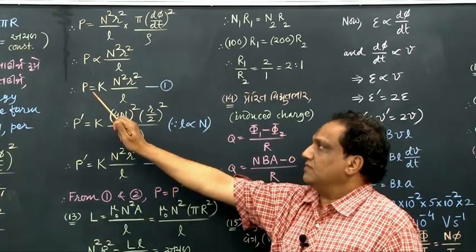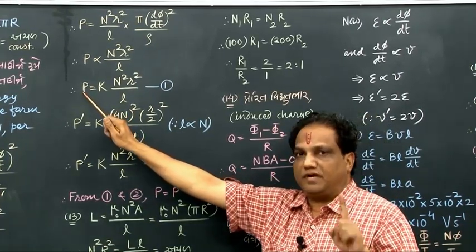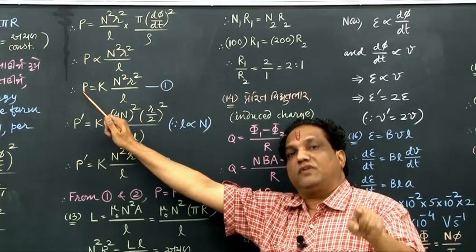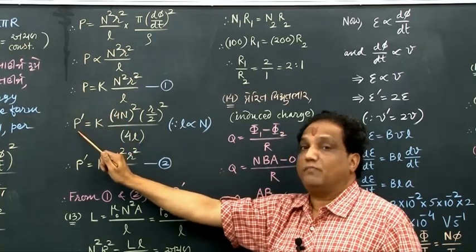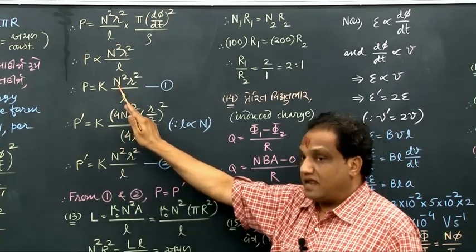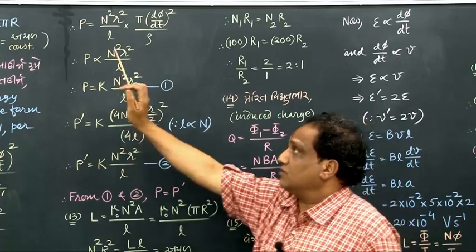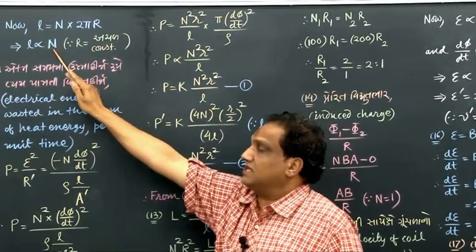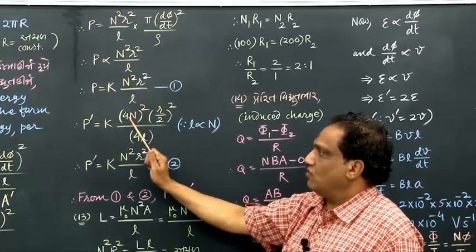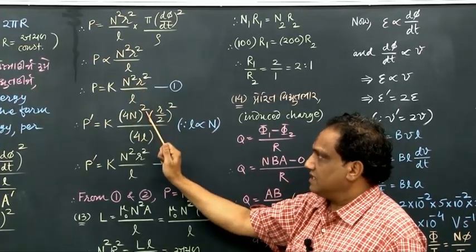Now this is the dissipated power in the initial condition; the dissipated power in the final condition I am showing by symbol P dash, K as it is. Instead of N, I am putting 4N, because they have said in the statement that the number of turns is made 4 times, square as it is.